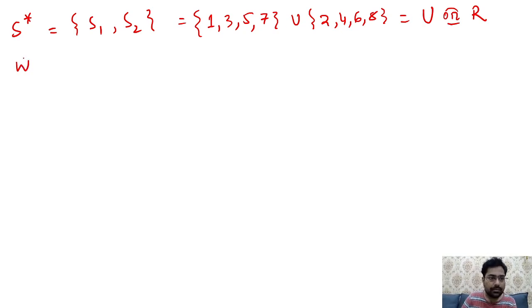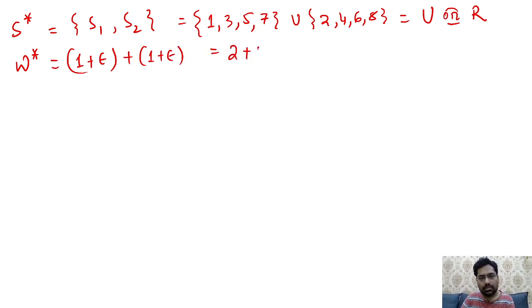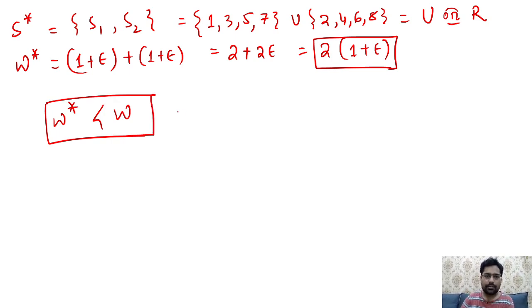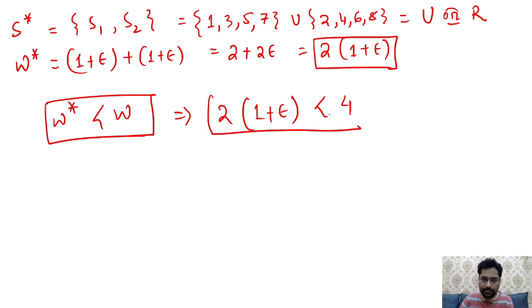The weight for this one is 1 plus epsilon plus 1 plus epsilon, which is 2 plus 2 epsilon, or 2 into 1 plus epsilon. So this is definitely less than W, the weight star is less than W.